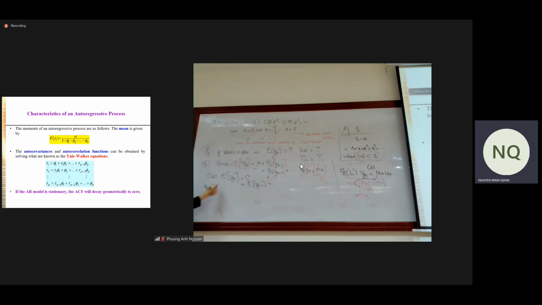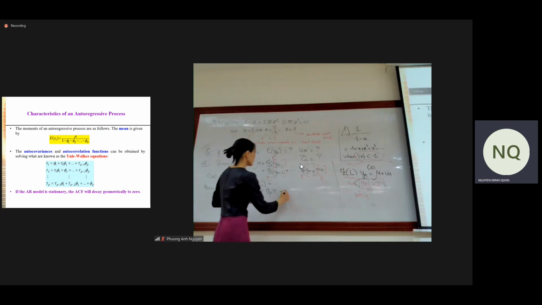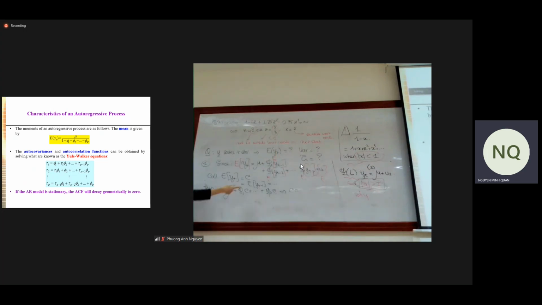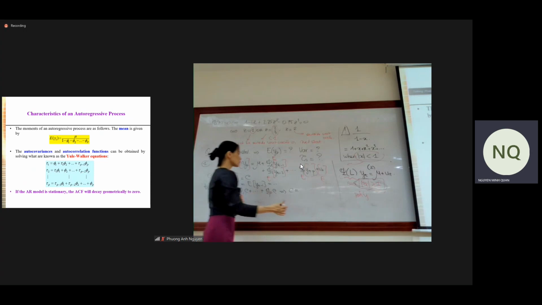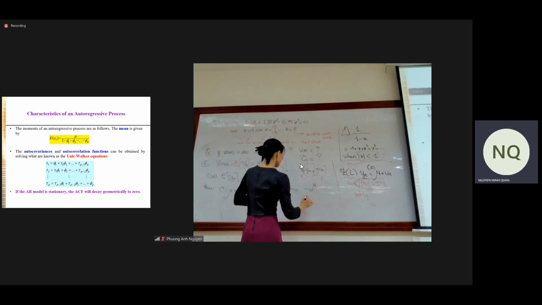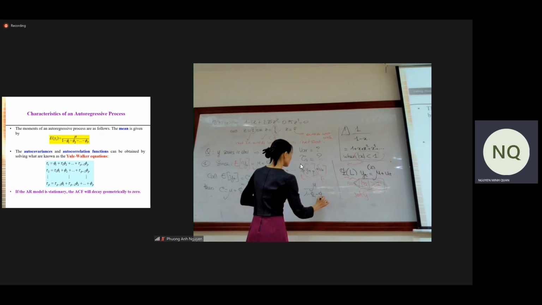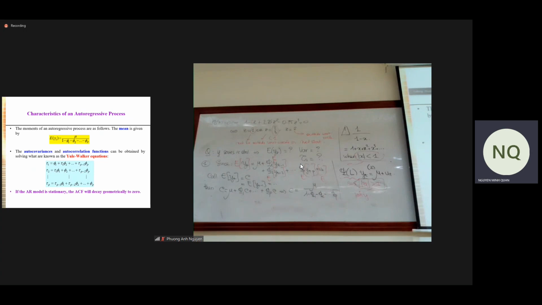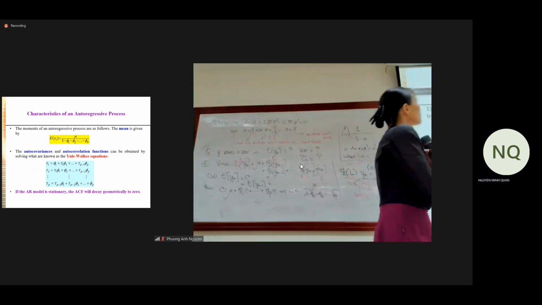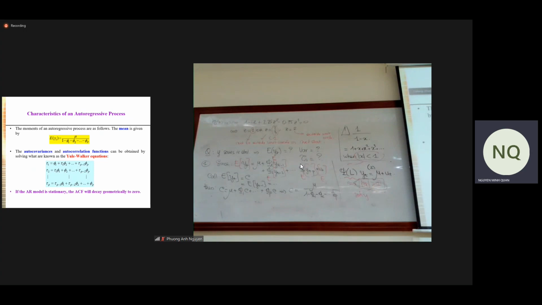Then I get the equation C equals mu plus phi_1 C plus phi_2 C plus phi_3 C. Then I can move these terms to the left hand side, and C will be equal to mu divided by 1 minus phi_1 minus phi_2 minus phi_3. So this is the way to get the unconditional mean of the AR series when it is stationary.